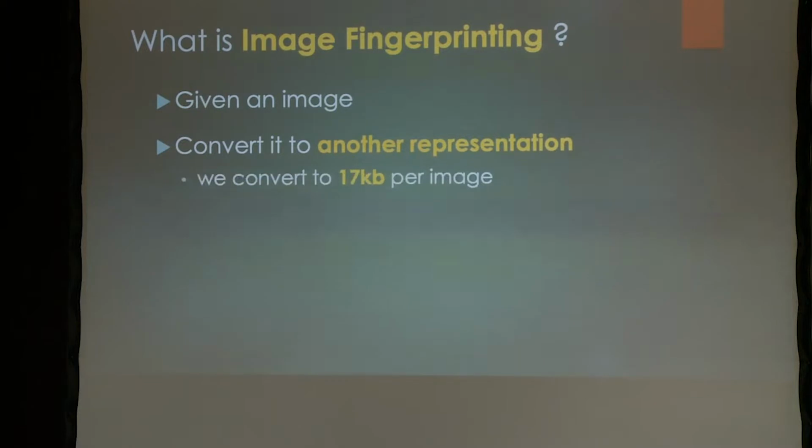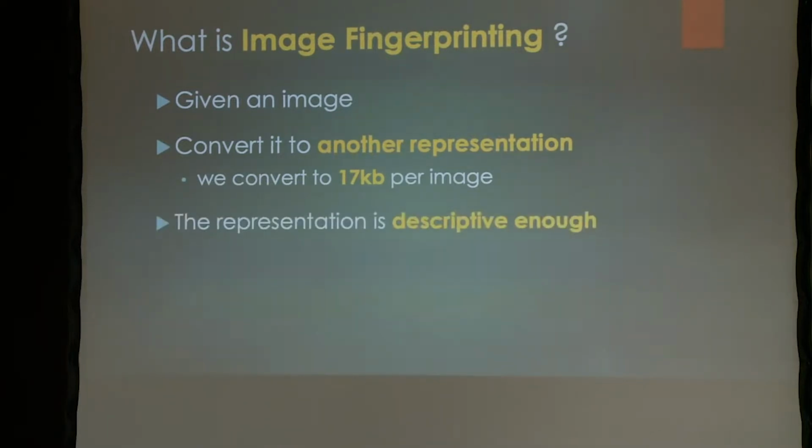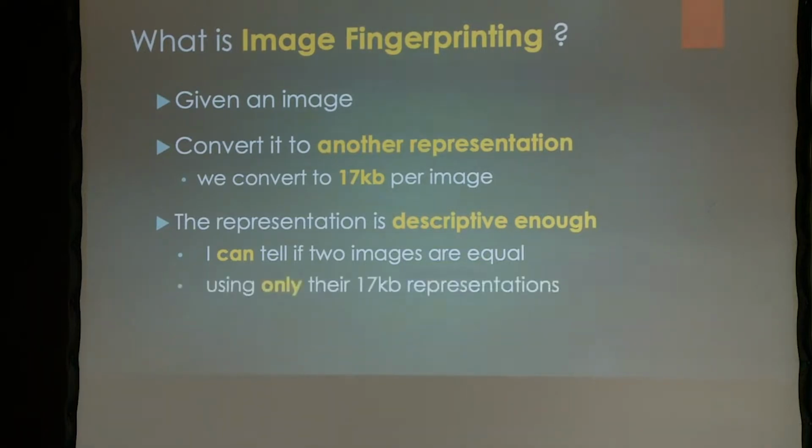We convert all images to 17 kilobyte files. That's the representation. The important thing is that it needs to be descriptive enough. By descriptive enough, I mean I can tell if two images are equal using only their 17 kilobyte representation, without having the images at all.